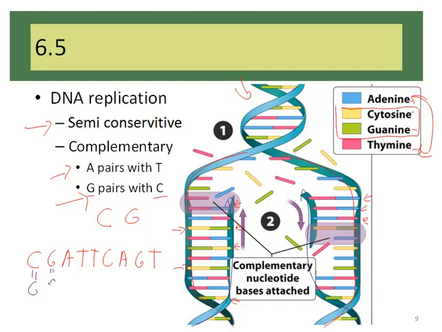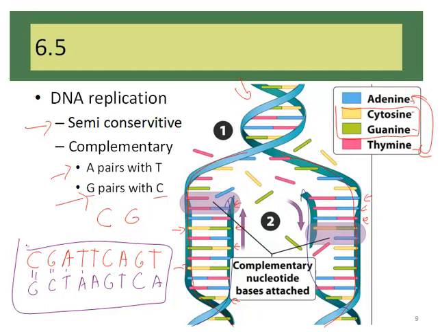G would pair with C. A is going to pair with T, T with A, and so on through the remainder of the strand. So make sure that you're able to link together complementary bases so that you're able to do that on the exam.